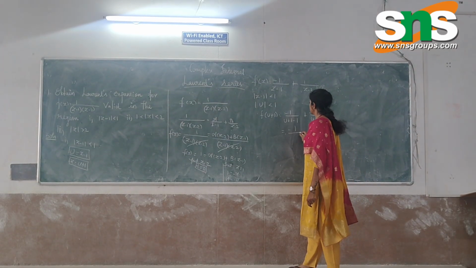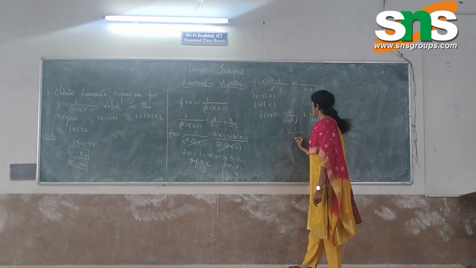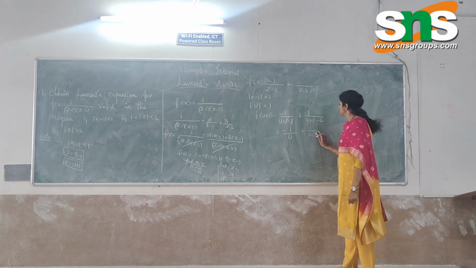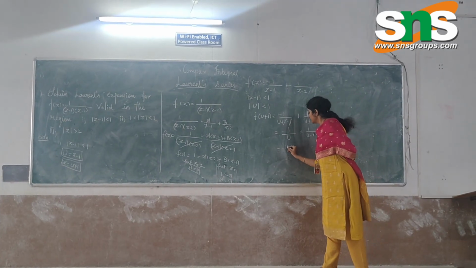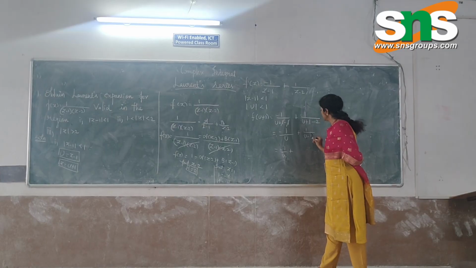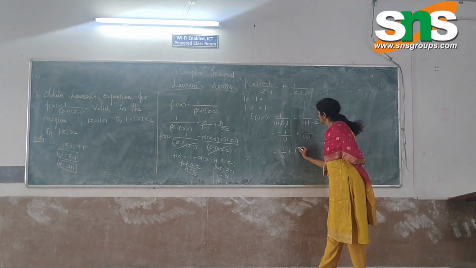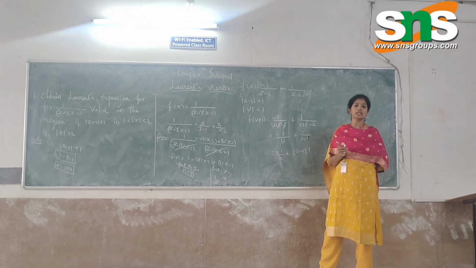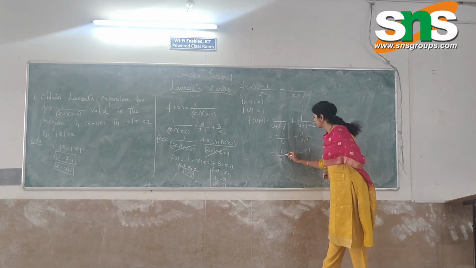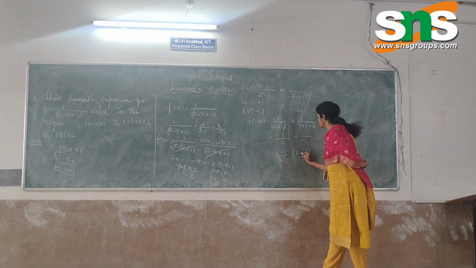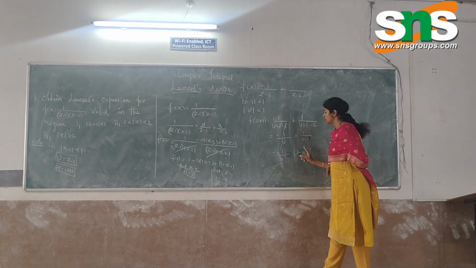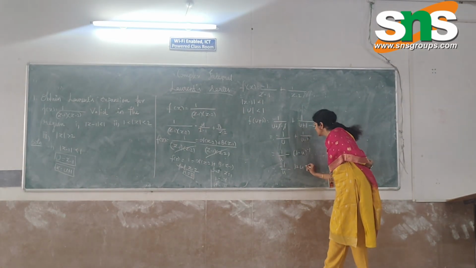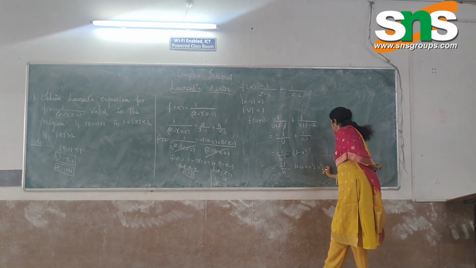Here plus 1 and minus 1 cancel, so we can write minus 1 by u plus 1 divided by u minus 1. If we take this into the numerator, we have (u minus 1) whole inverse. We know the binomial formula as 1 plus x or 1 minus x, so we take minus 1 outside and write 1 minus u. Both are minus, so the total term becomes positive: minus 1 by u minus of (1 plus u plus u square plus u cube and so on).